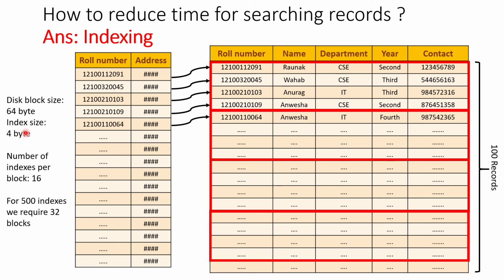So naturally that means in a particular block, the total number of indexes you can store is 16. That means you can store 16 rows in a particular block. And if you are able to do that, then to store these 500 indexes you require 32 blocks.